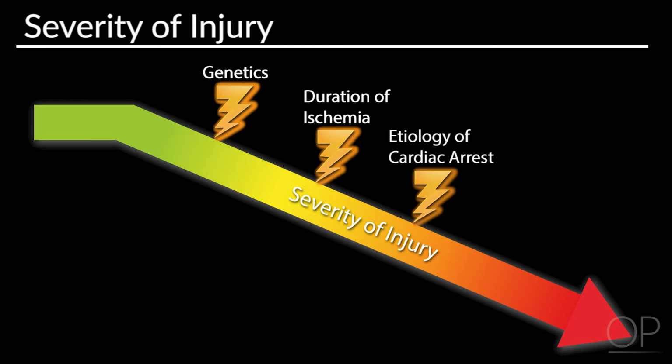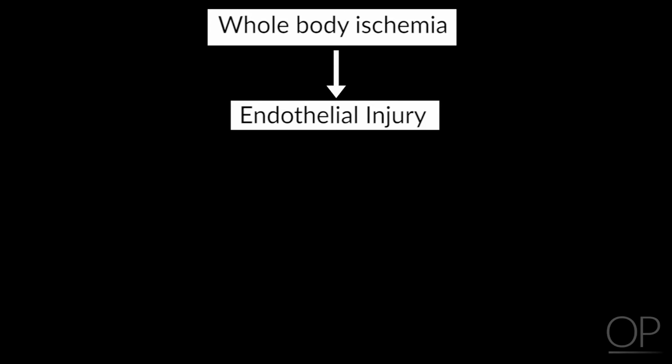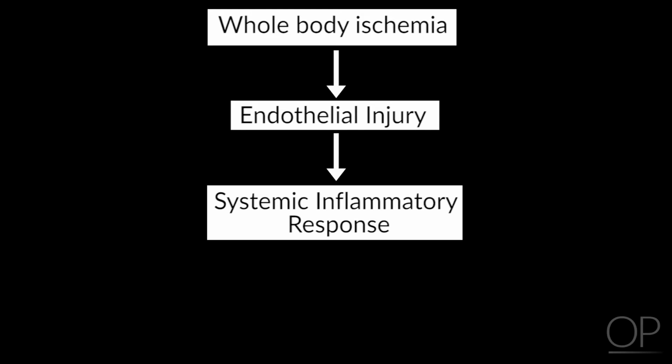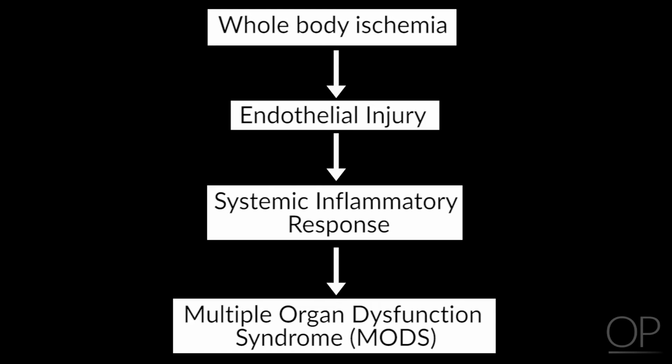And clearly, the outcome of the patient tends to be associated with what other comorbidities the patient is facing going into the cardiac arrest. We know that the tissue oxygen debt and the whole body ischemia lead to an endothelial injury and an activation of a systemic inflammatory response that ultimately progresses to MODS, or multiple organ dysfunction syndrome.